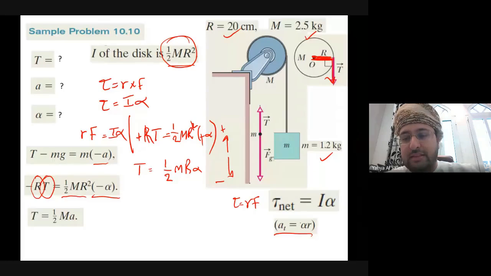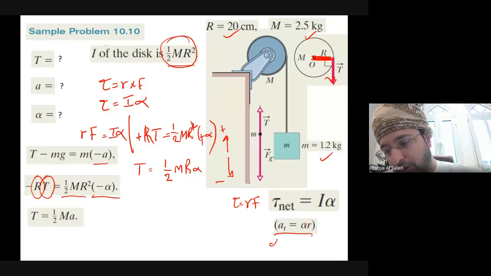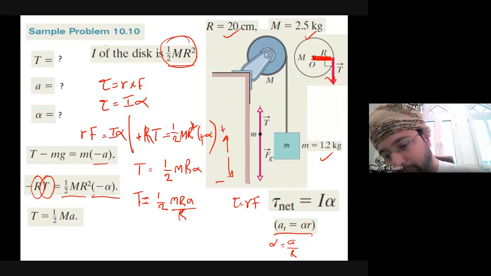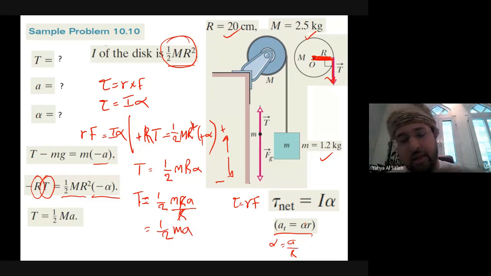We also know that a equals alpha R. So alpha equals a over R. So T equals half Ma.